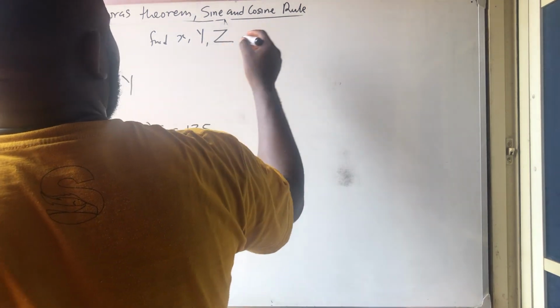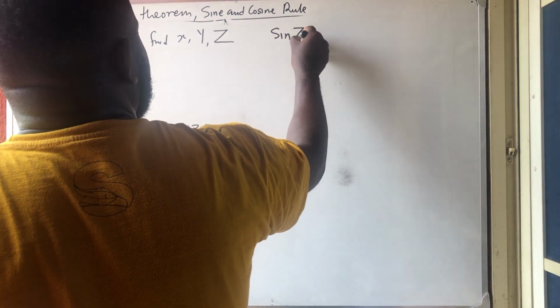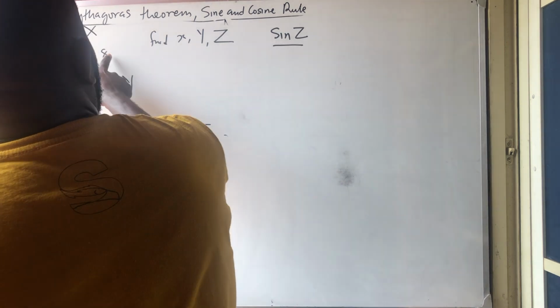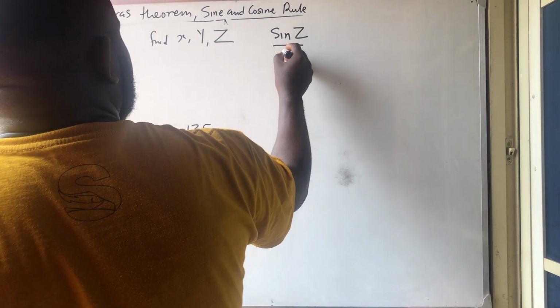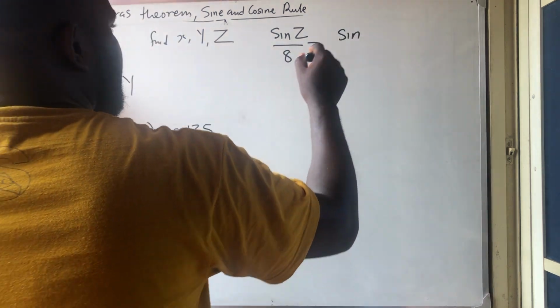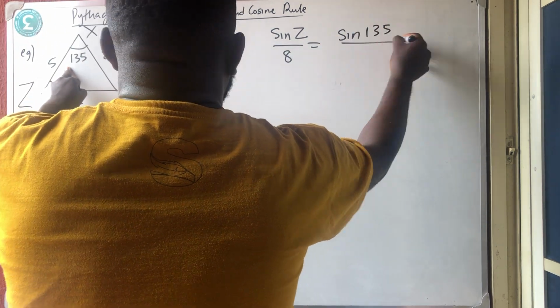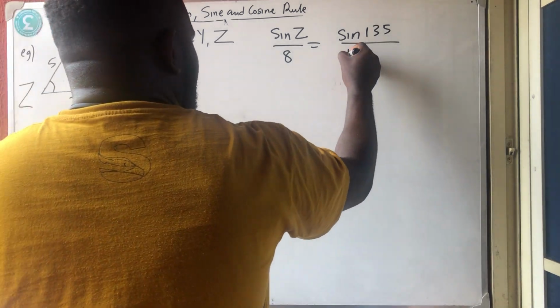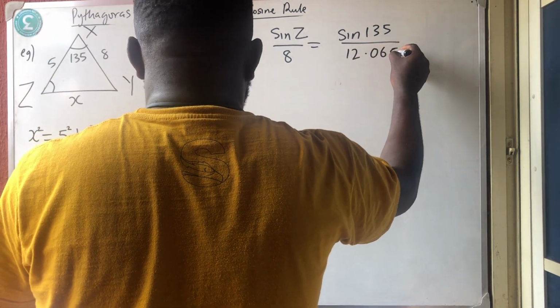If I use sine rule, I'm going to say sine z all over what is facing it. If I want to find z first, all over 8 that is facing it is equal to sine 135 all over the number that is facing it, which is 12.0652.